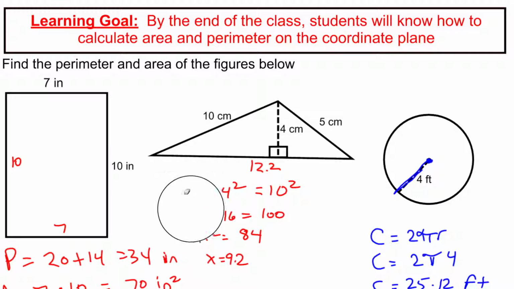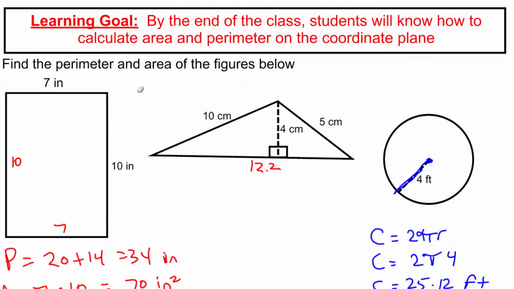So for the sake of space, I'm going to get rid of all my Pythagorean theorem work. And we're going to say now the perimeter for this shape is 10 plus 5 plus 12.2. All right, 10 plus 5 plus 12.2 looks like 15 plus 12, which is 27.2 centimeters. Okay, so that took a little bit more work because I needed to find a missing edge, and I could do the same thing with area.